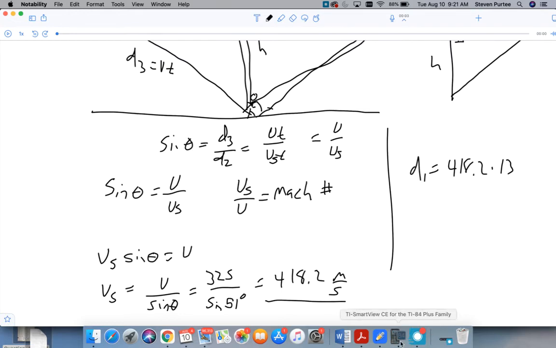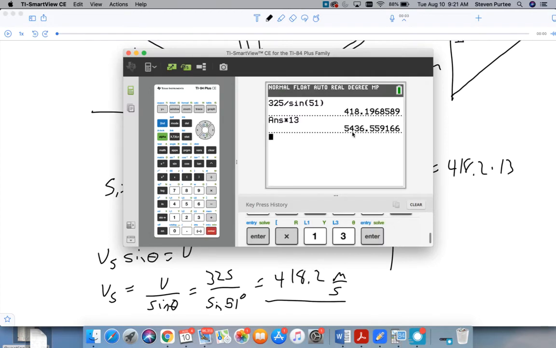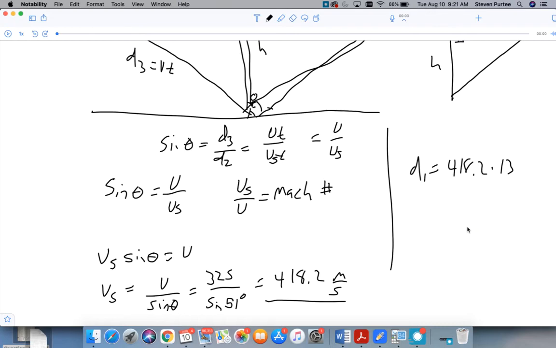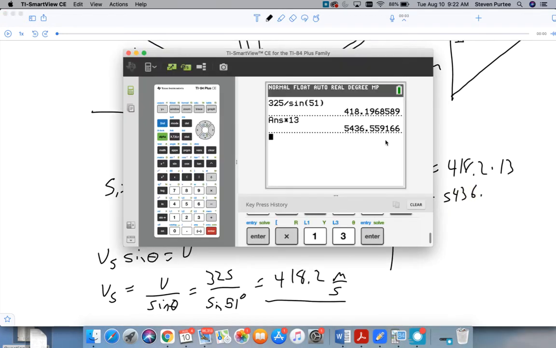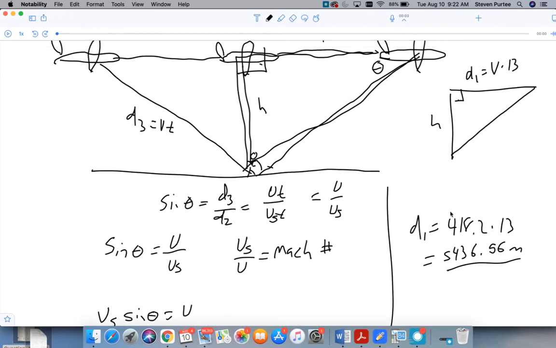We already have everything in our calculator here. We can just say times 13. So that's 5436.56 meters.